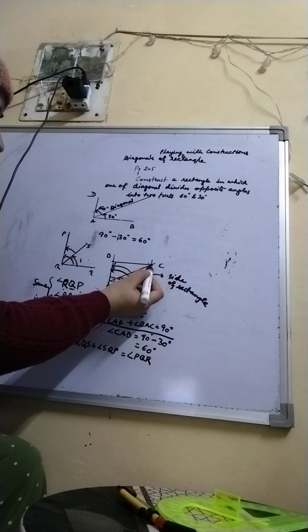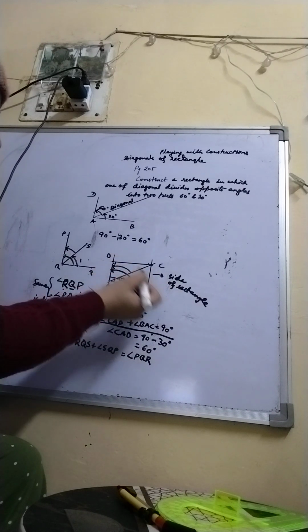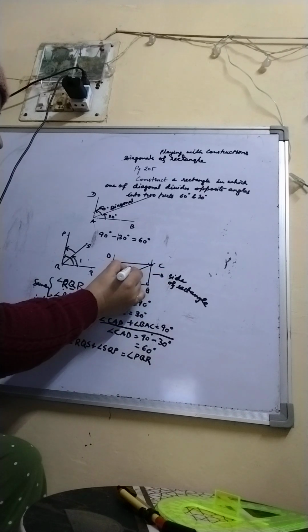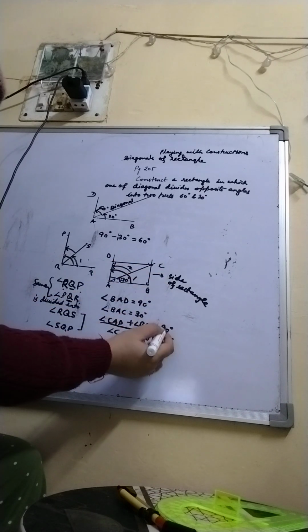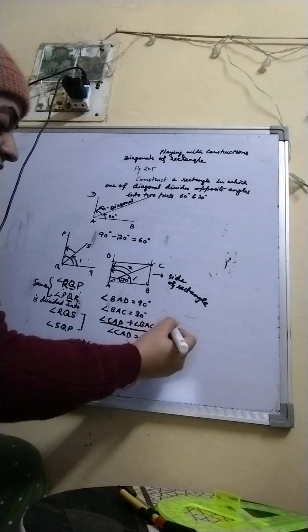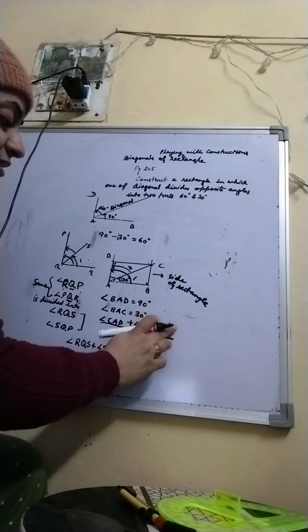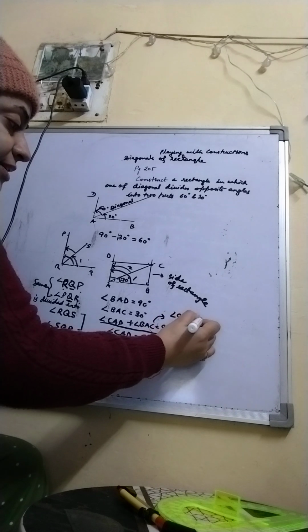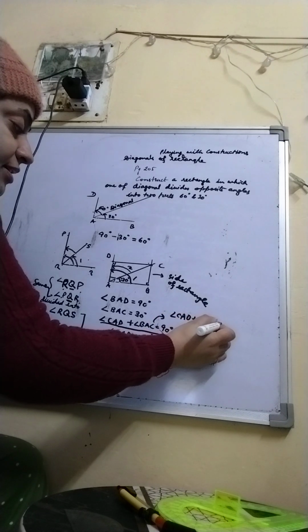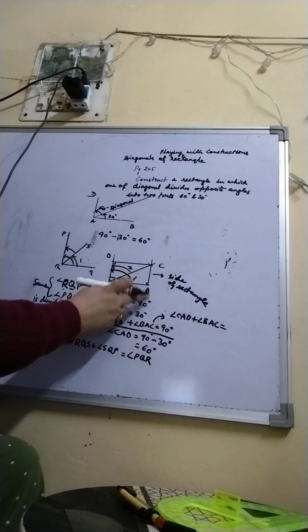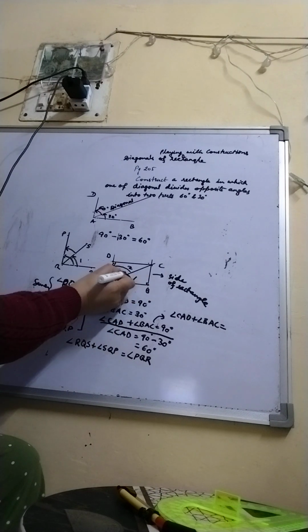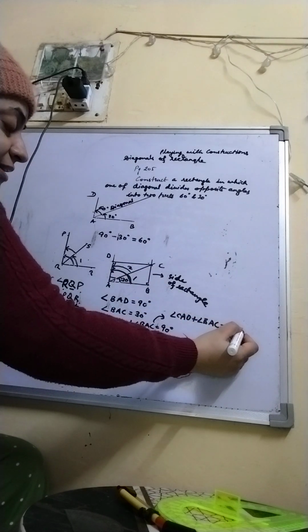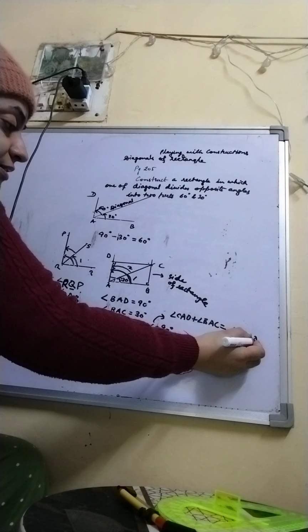CAD is one of the angles, and BAC is the second angle. We have added the two angles, and I can write over here how this is 90 degrees. Angle CAD plus angle BAC is equal to the bigger angle, starting from BA and going till AD. So the angle name is angle BAD.